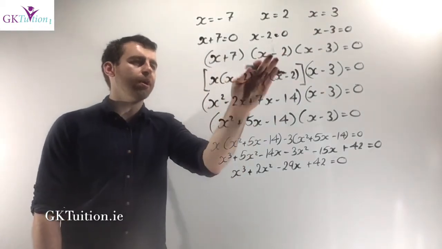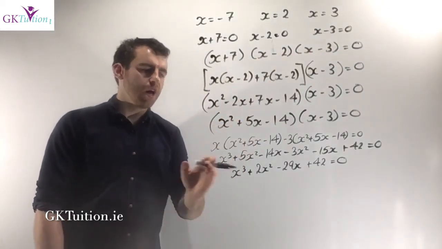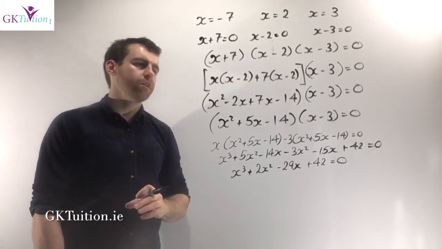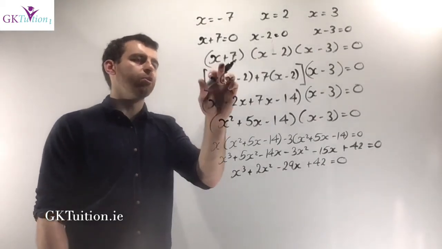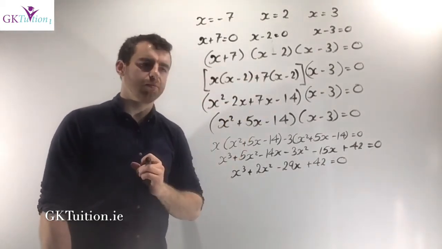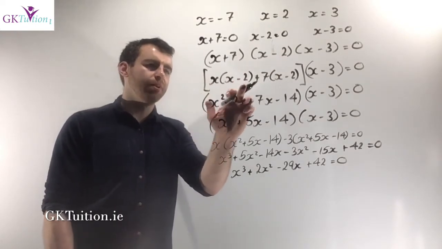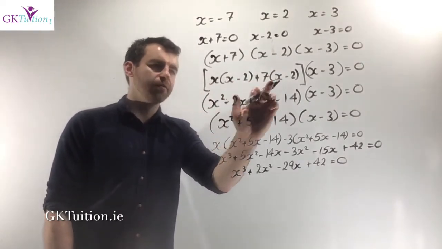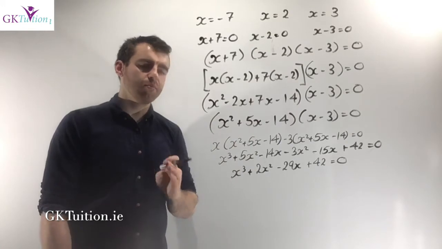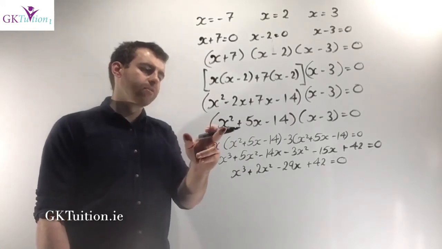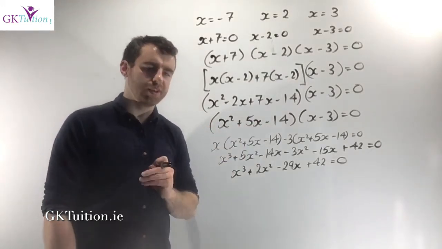If I then multiply the 3 factors by each other, I'll be able to generate the cubic. So what I've done here is I first decided to multiply x plus 7 by x minus 2. So it's the first thing in the first bracket by the second bracket, second thing in the first bracket by the second bracket. When I multiplied it out, I simplified it down to x squared plus 5x minus 14.